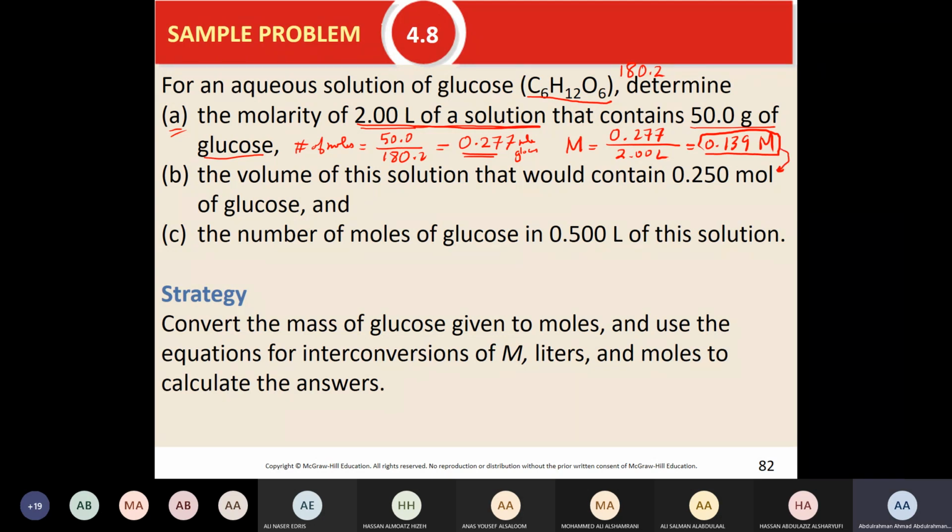Now, if this is the concentration in B, let's solve B. What's the volume of this solution? So this solution, we know that it is 0.139 molar. What volume of the solution would contain 0.250 mole of glucose? If we are given the number of moles of glucose, what is the volume?